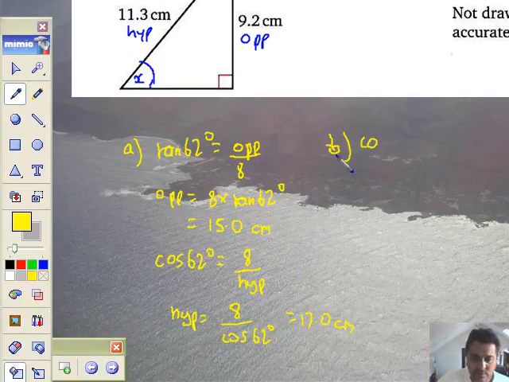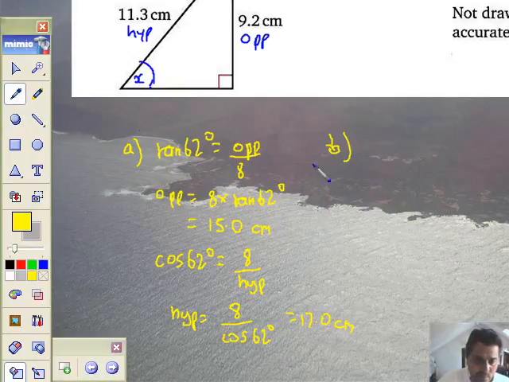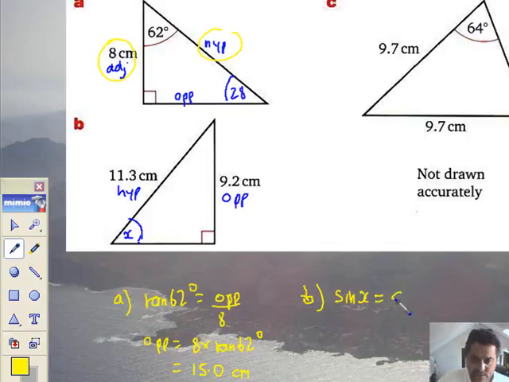So the sine of angle X is the opp, 9.2, divided by the hypotenuse, 11.3. So therefore X, the angle, I'll work out 9.2 over 11.3 and then go shift sine, and that will give me the angle.